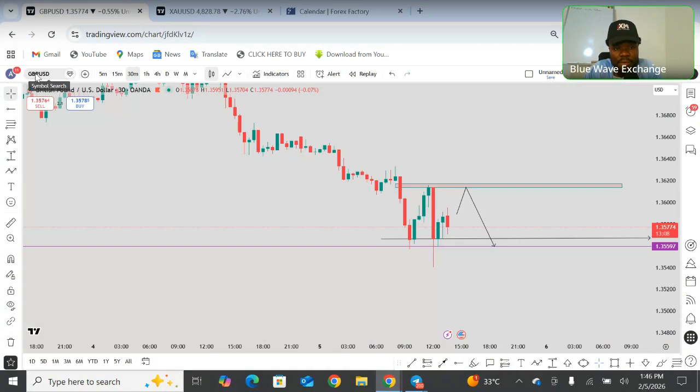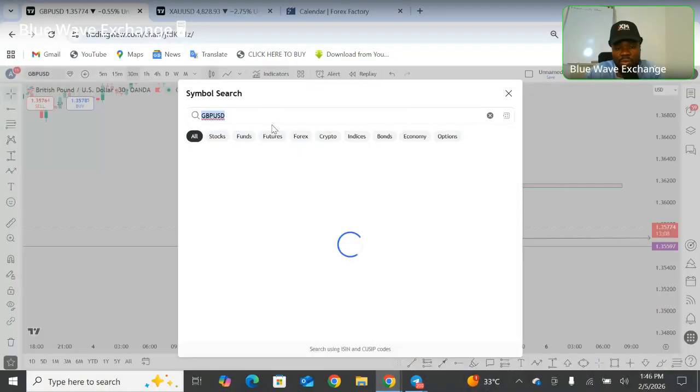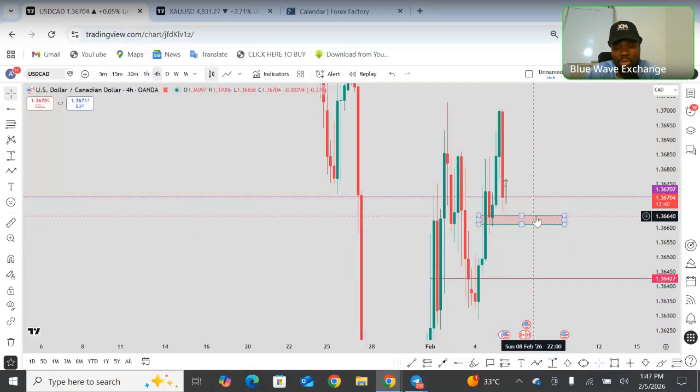So let me see USD CAD. As I said, you have to wait for market structure before you look for a buy point. After price has broken below this level, you can get opportunity for a sell.